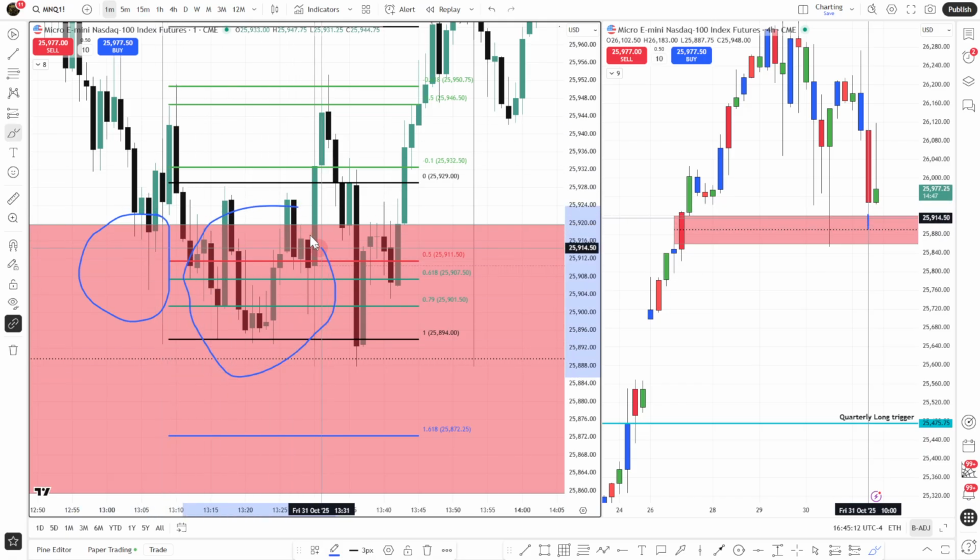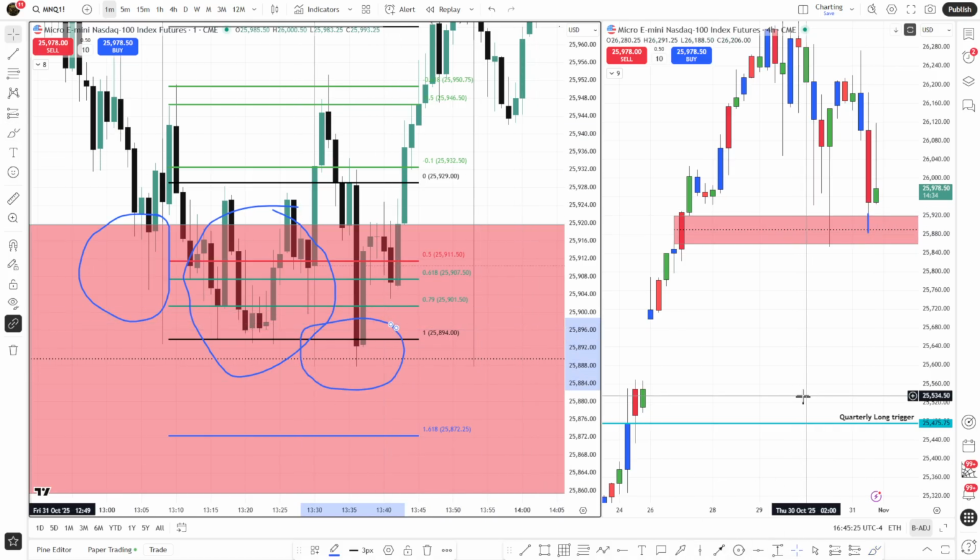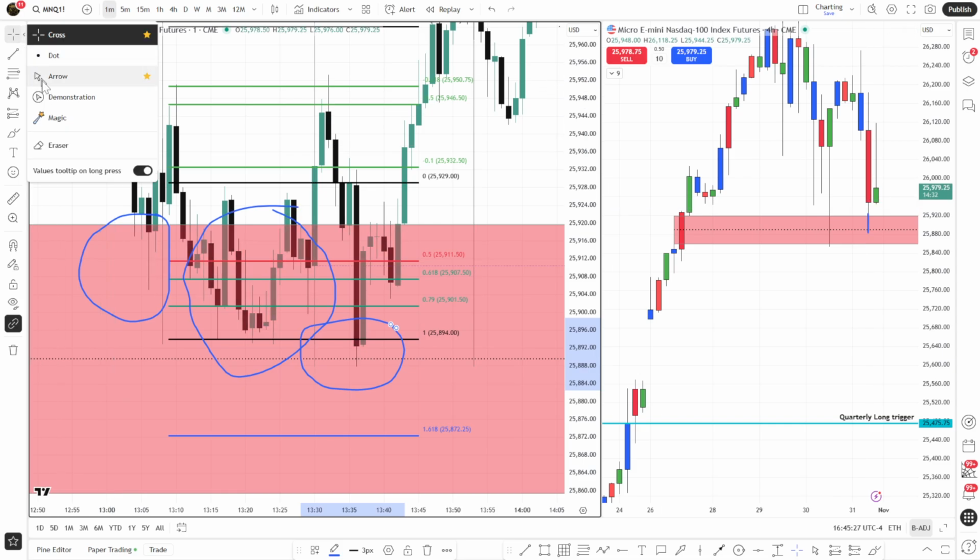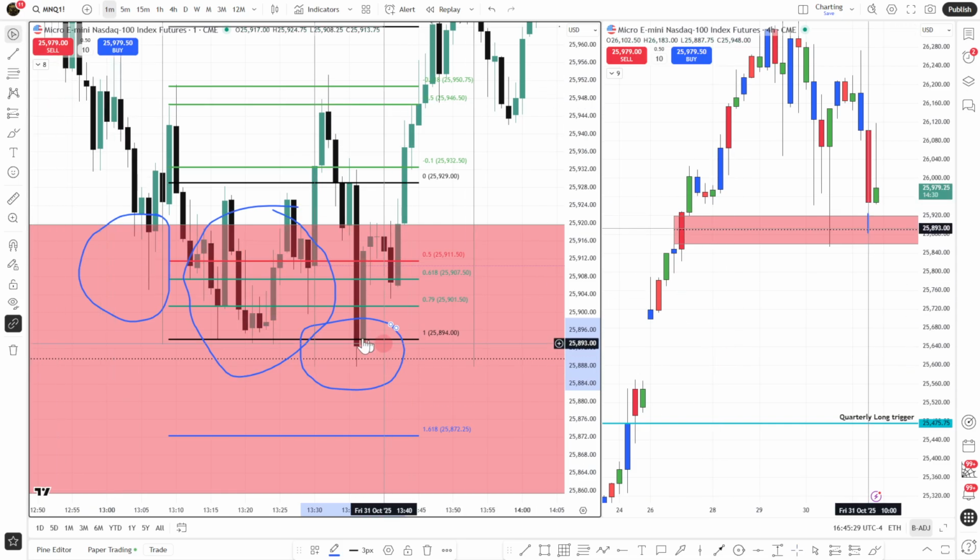We have our second test and reaction. Okay. Kind of does a little M and acts like it's going to run away. And then we have our third. Okay. So usually we're looking for, and these are the three runs on liquidity.